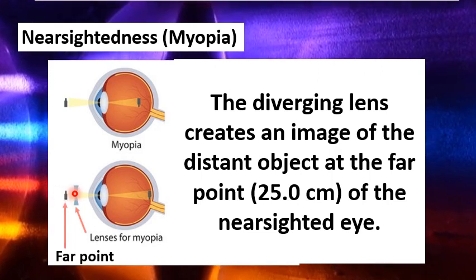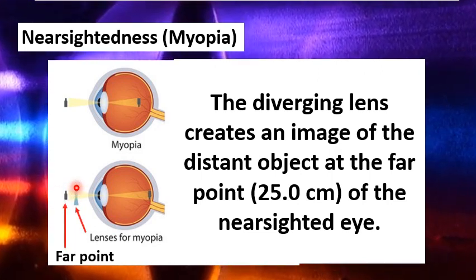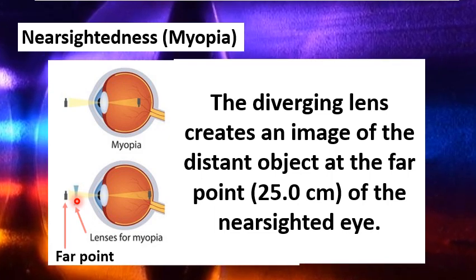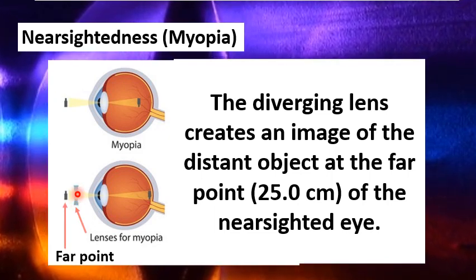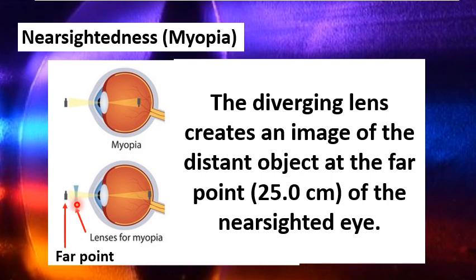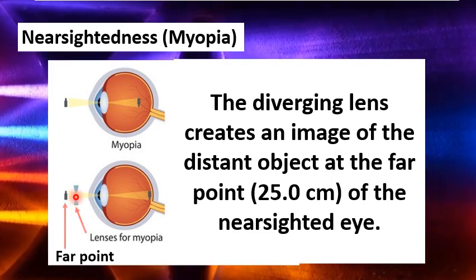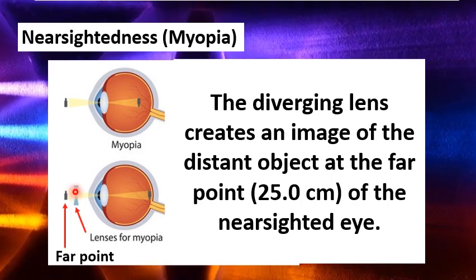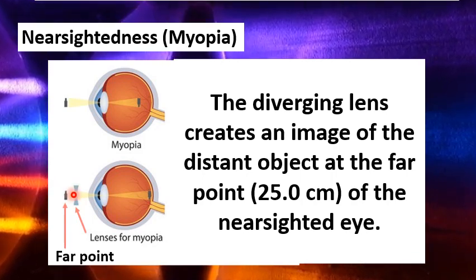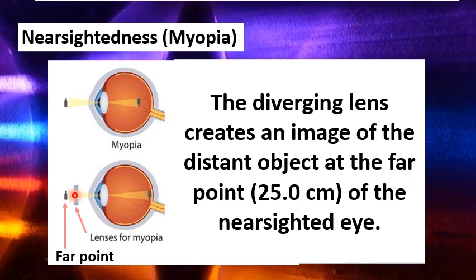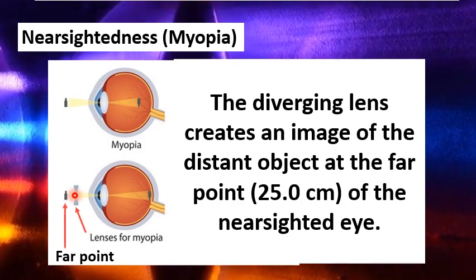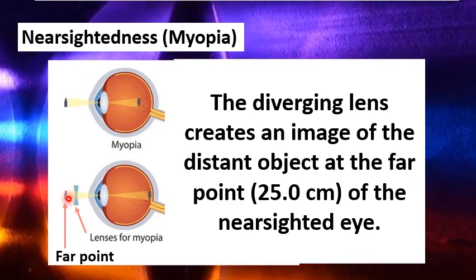Remember, a diverging lens only produces a virtual erect image. So it forms the image of a distant object exactly at the far point.